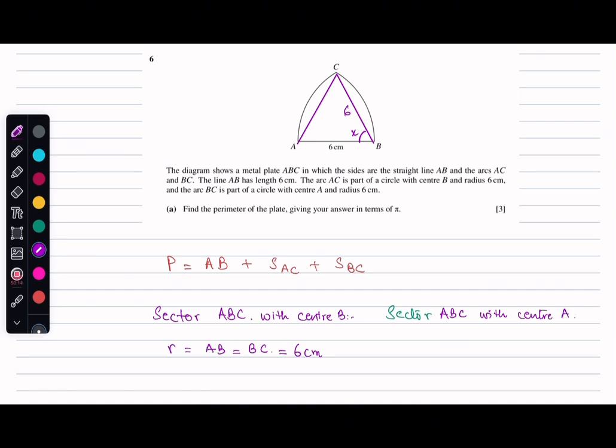With center A, again what I can see is that the radius in this case is going to be AC, and also this is going to be AB, and then again this radius here comes out to be 6 centimeters. So with respect to the center as A, again the side AC comes out to be 6 centimeters.